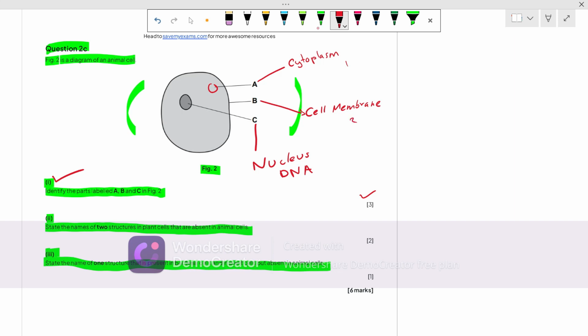1, 2, 3. State the names of 2 structures in plant cells that are absent in animal cells. You can choose any two from the following: chloroplast, cell wall, chlorophyll, and a permanent vacuole.